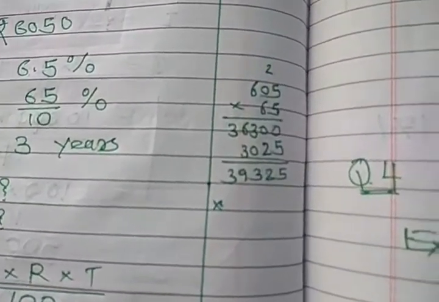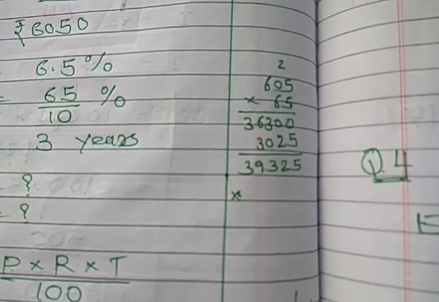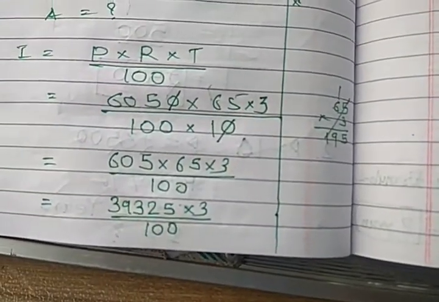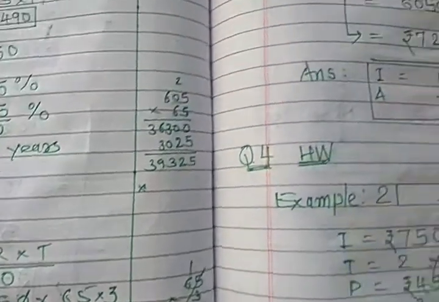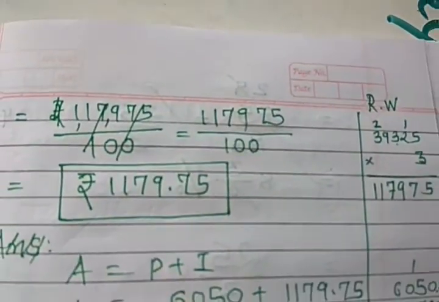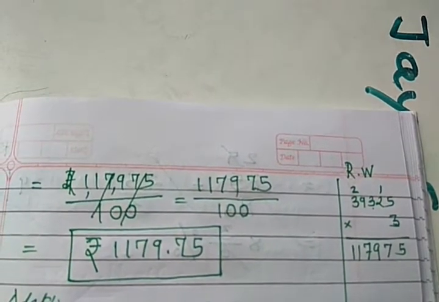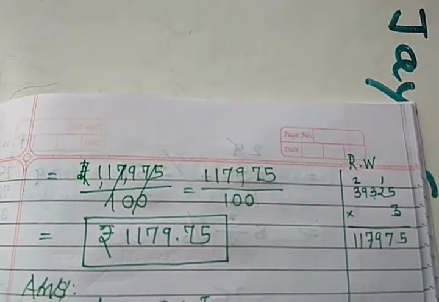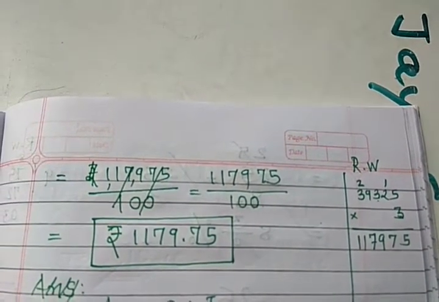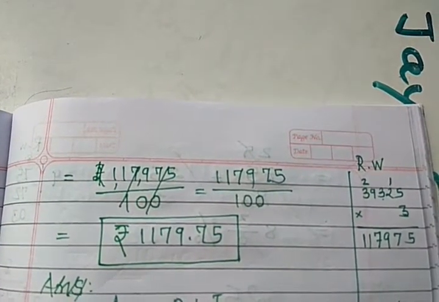You will get 39325, and then 39325 multiplied by 3 you will get 117975 upon 100, right?